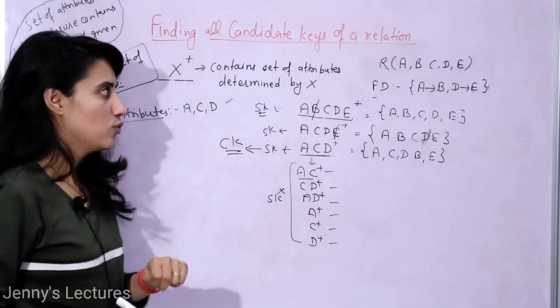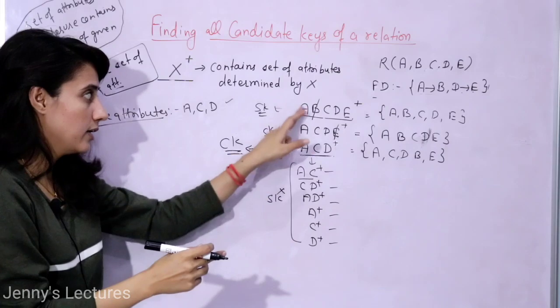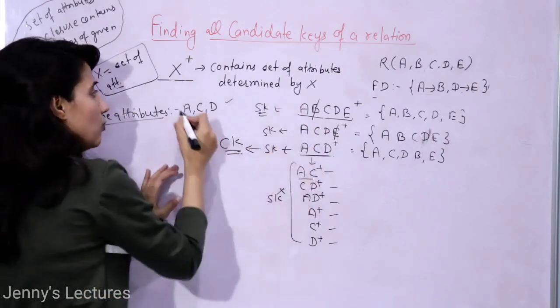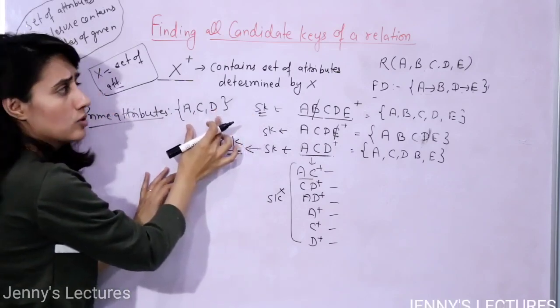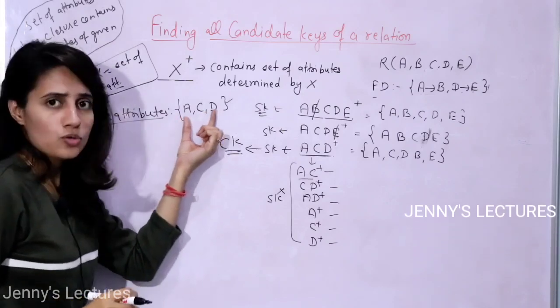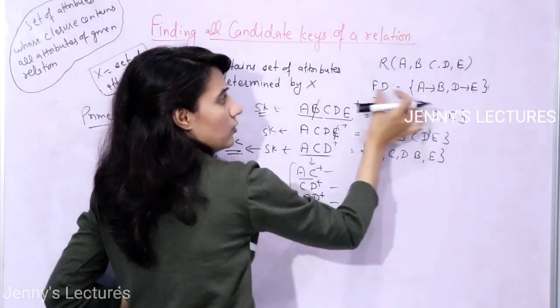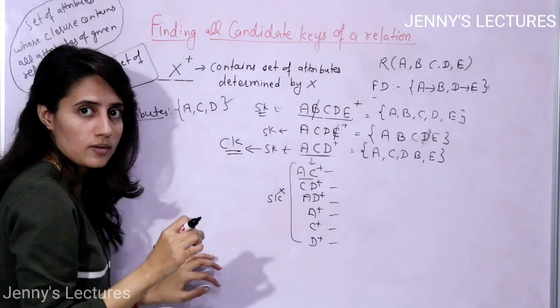So now the second step is what? The first step is we discard the attributes one by one from a super key, right? The second step is, once you have got some prime attributes, check whether your prime attributes are available on the right hand side of the given functional dependencies, right?